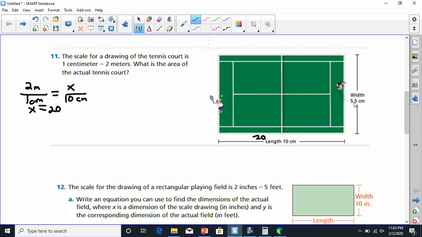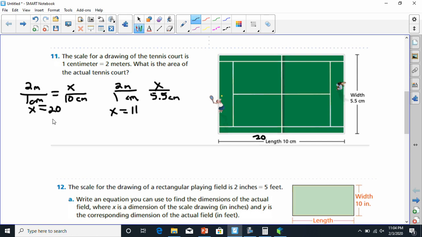Next, it says the width is 5.5. So if we take that same 2 meters over 1 centimeter, this time we put it to x over 5.5. We know that x equals 2 times 5.5, which is 11. So now we've got 20 times 11.